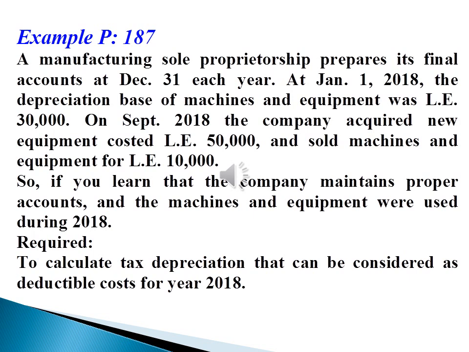In September 2018, the company acquired new equipment costing 50,000 livres Egyptian and sold machines and equipment for 10,000 livres Egyptian. If the company maintains proper accounts and the machines and equipment were used during 2018, required: calculate tax depreciation that can be considered as deductible cost for year 2018.